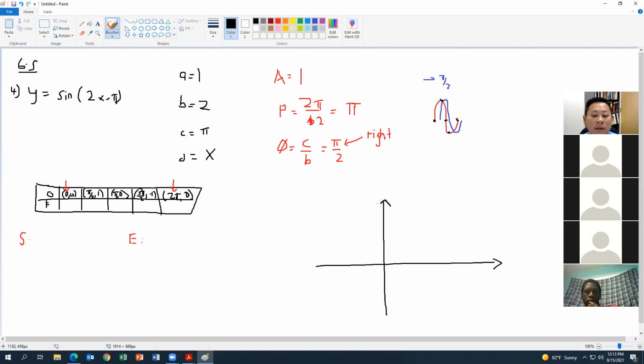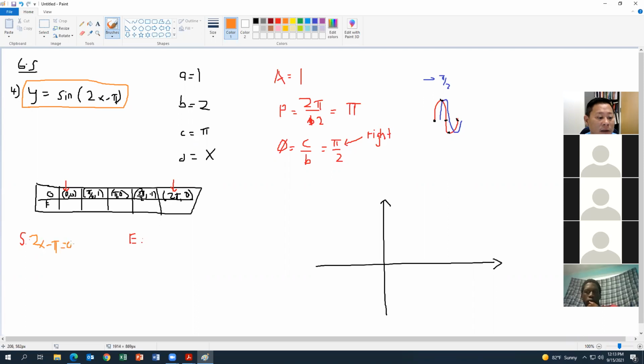Everything inside your parentheses. If you look at your question here, it's 2x minus pi.